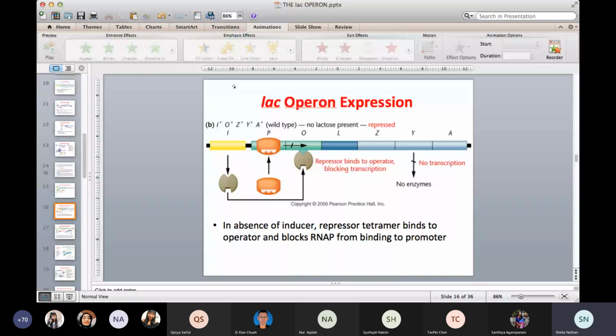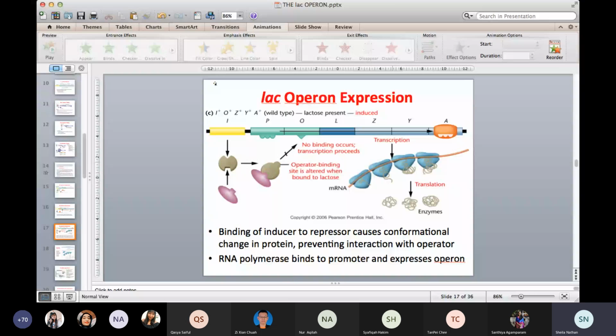However, when there is no glucose present, the low levels of permease will bring in lactose. The allolactose will bind to the repressor molecule. Now you can see the shape of the repressor has changed, because it has undergone a conformational change in the protein structure.